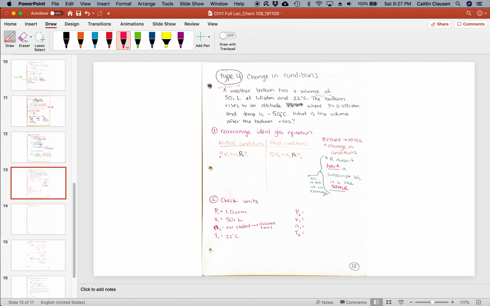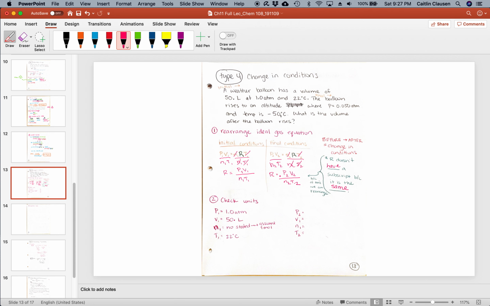Because R is the same, if I solve for R on both sides in each of these equations, I get that no matter whether I'm looking at the initial condition or the final condition, R is always going to equal this set of values.